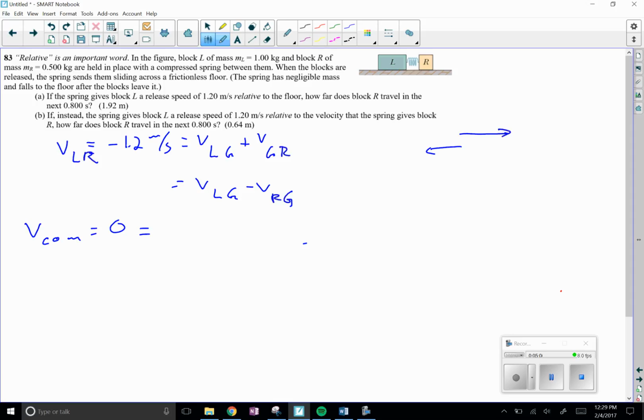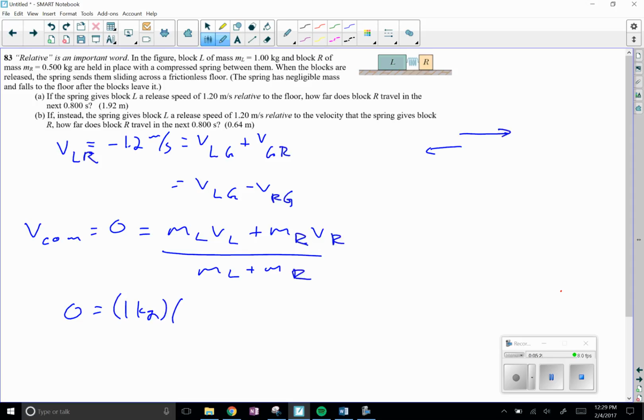So this becomes the mass of block L times the velocity of block L relative to the ground, plus the mass of block R times the velocity of block R relative to the ground, over the mass of block L plus the mass of block R. So we get 0 equals the mass of block L, which was 1 kilogram, times the velocity of block L. I want it relative to the ground, right?